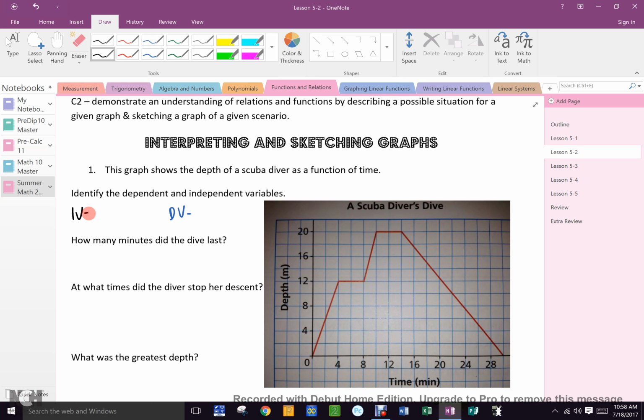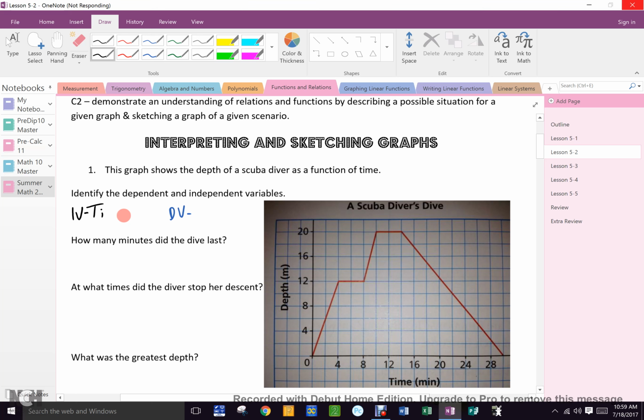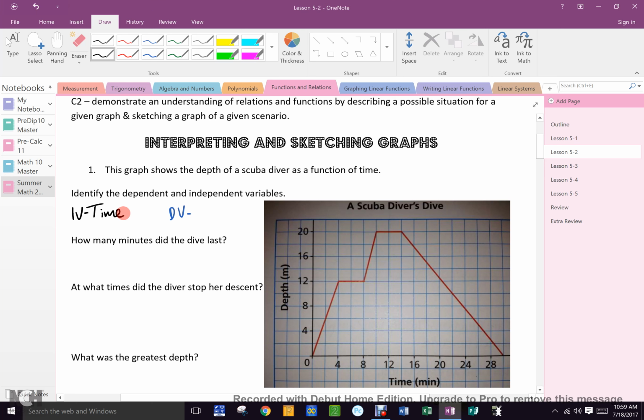I like your reasoning. I would give you some marks. Anybody got another reason? First of all, Amrit is right. Independent variable is time. So if you didn't have that, or you wrote that because time is on the x-axis, you need to pay very close attention to the reason. Amrit's reason was almost right. Akash.